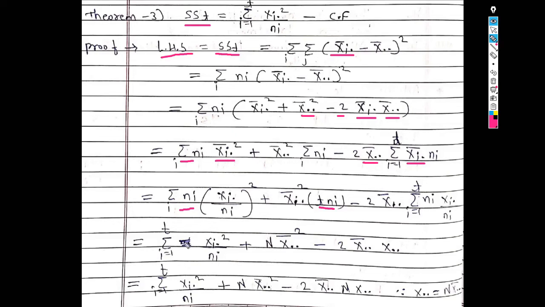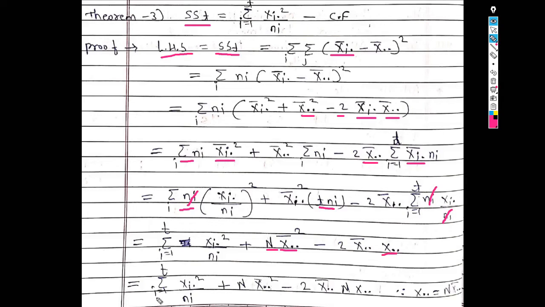So in the next step, this ni and this ni get cancelled. The remaining term is summation over i xi dot square upon ni plus capital N, that is summation of ni denoted by capital N, the total number of observations, into x dot dot bar square minus 2 times x dot dot bar, and here this ni and this ni get cancelled, and summation over i xi dot is nothing but the grand total.